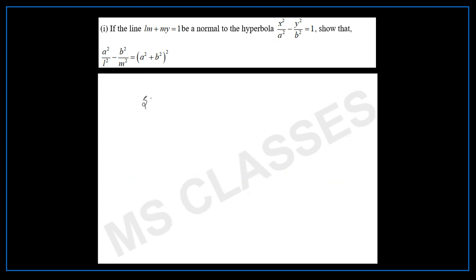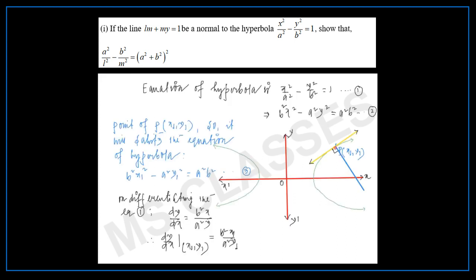Now the slope of the normal line equals minus 1 by d/dx of y at the point of contact x1, y1. Whenever we are doing this, we are assuming that the slope we have got for the tangent at this point is a non-zero finite quantity.